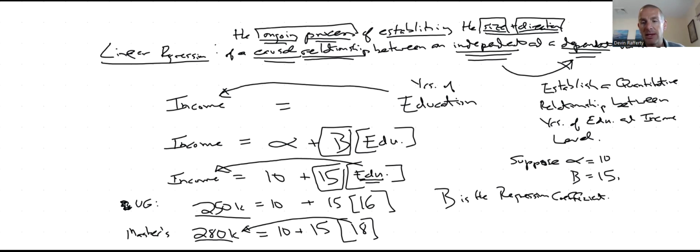That means that beta is exactly what tells us the size and the direction of the causal relationship.